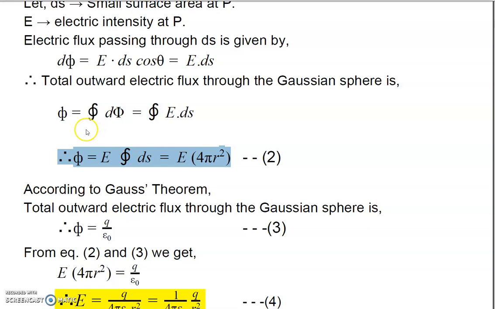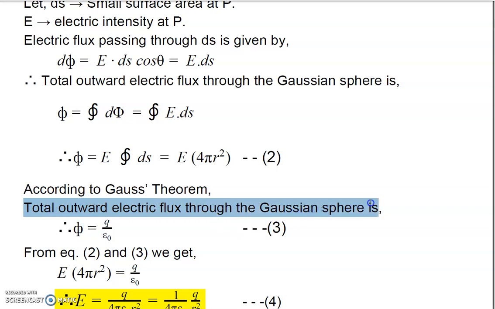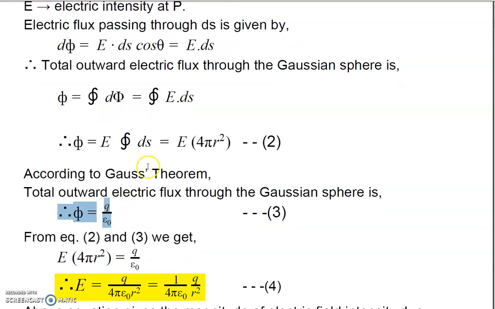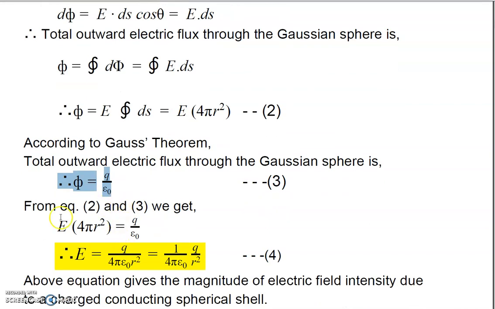But Gauss theorem has already said that the total outward electric flux through the given closed surface is equal to 1 upon epsilon 0 times the total charge enclosed, where the total charge enclosed was this charge plus q here, and therefore phi is equal to q divided by epsilon 0. Then I can compare equations 2 and 3 to observe that these two things have to be the same.